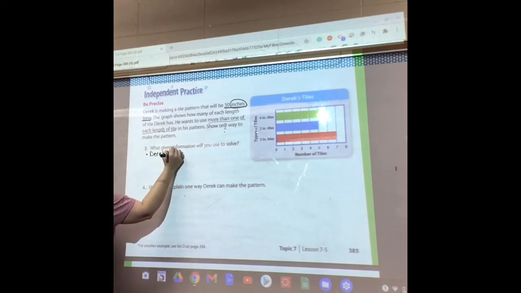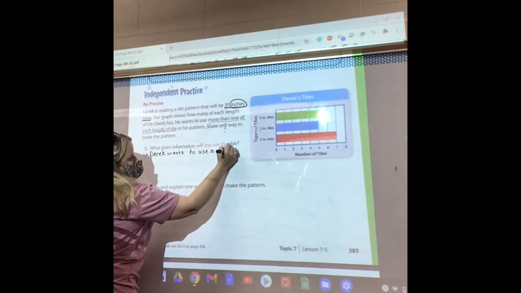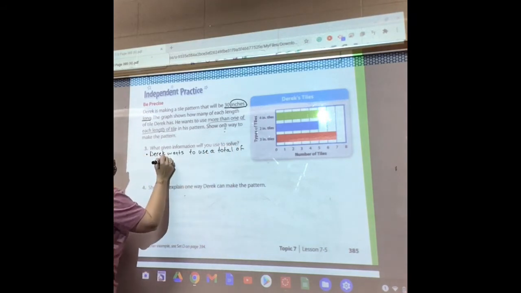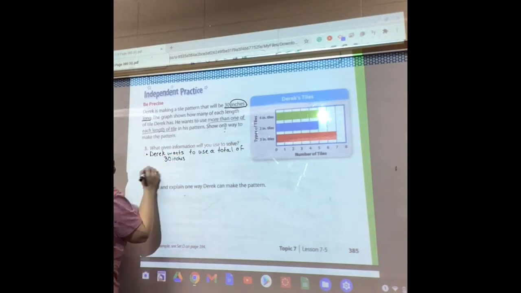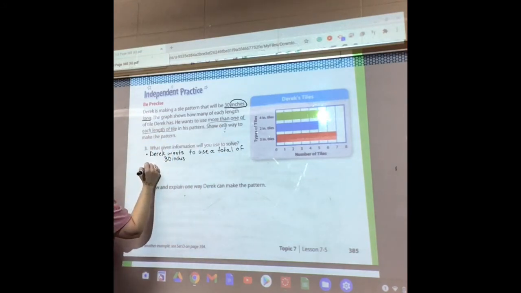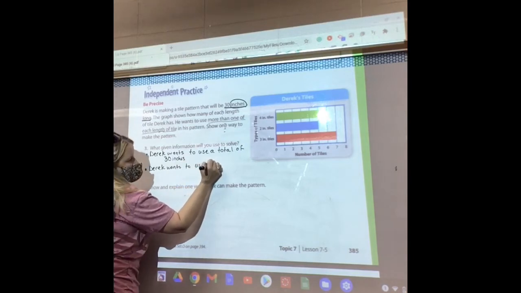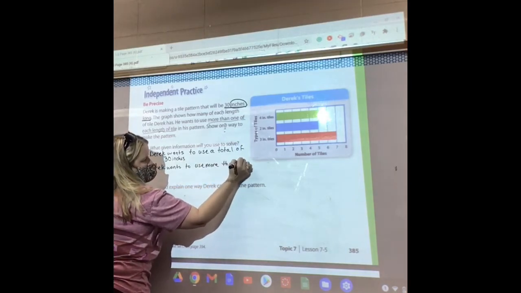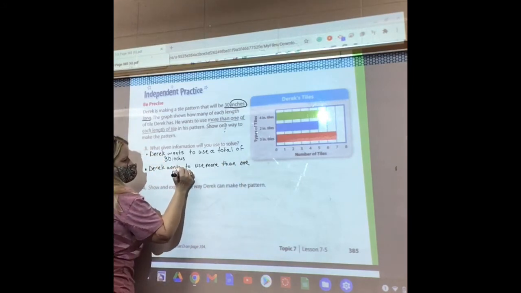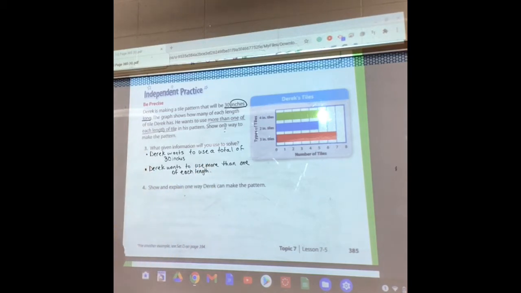Then he also wants to use more than one of each length. And lastly, we need to know what type of tiles that Derek has.